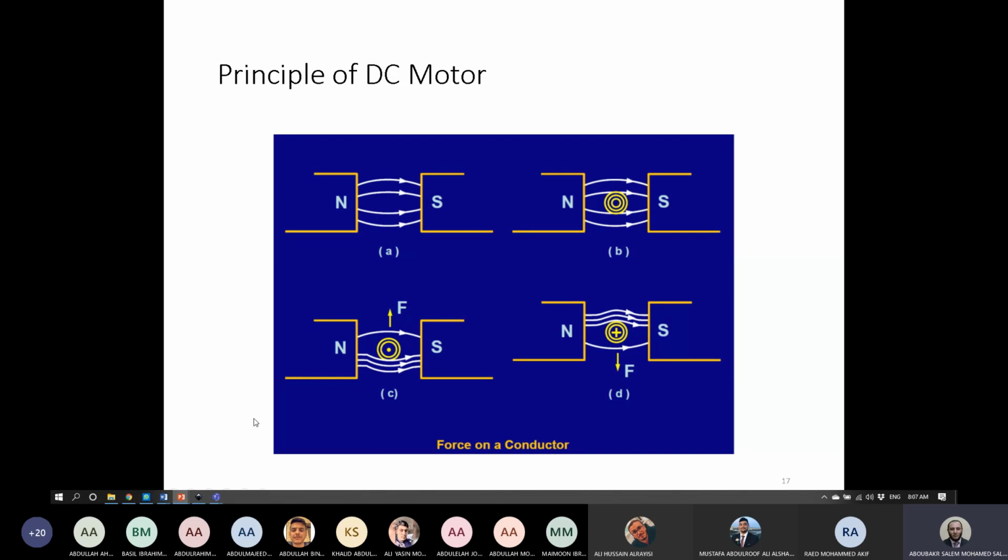If the current is coming out of the page, the force will be in the up direction, and if the current is going into the page, the force will be in the down direction, like that.